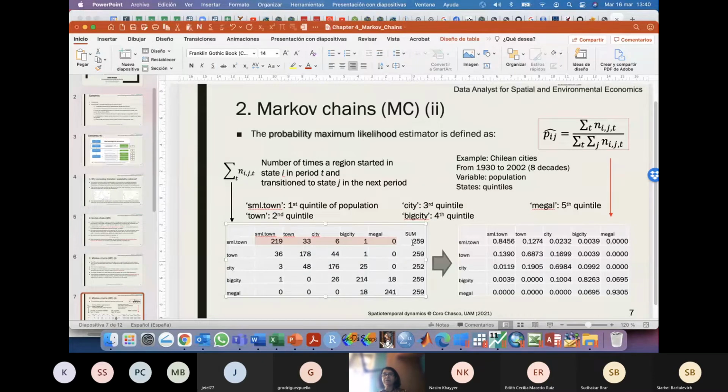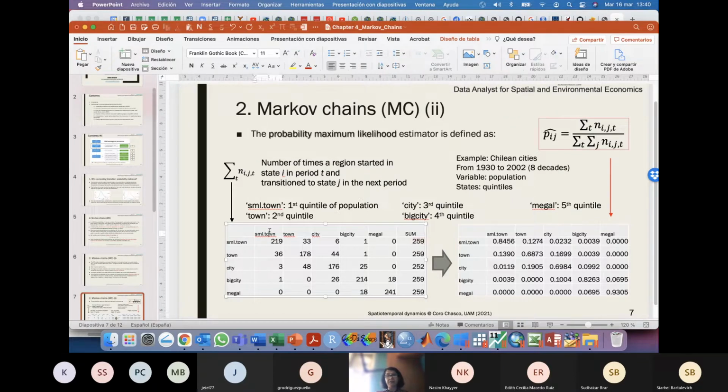So with respect to the total jumps, or the total possibilities in one moment of time of jumping to a small town, jumping down in this case, or staying in the same class, the number of instances is 259. That is the number that goes to the denominator of the probability. And in the numerator, we have the number of instances that, starting as a small town, end up in a small town in the next decade.